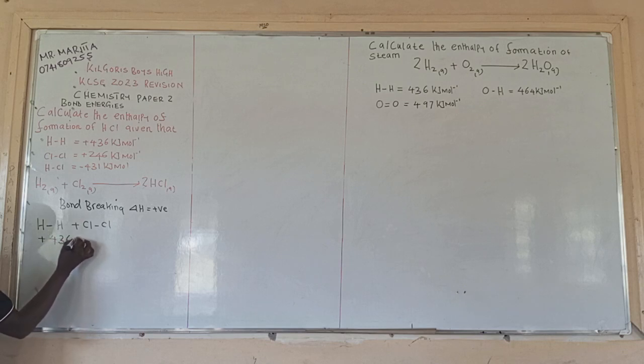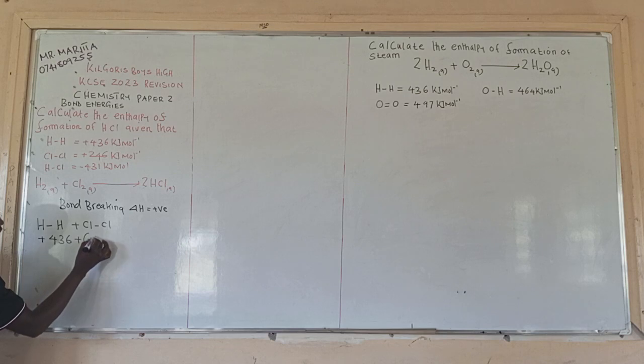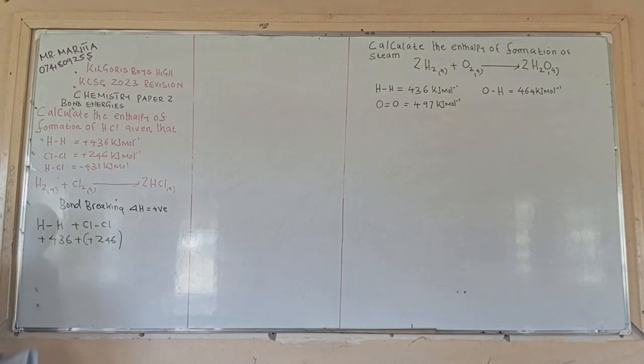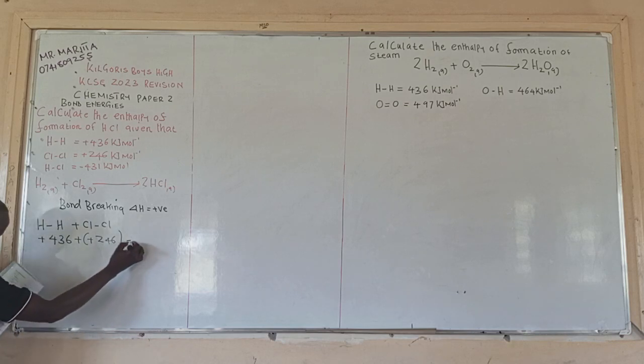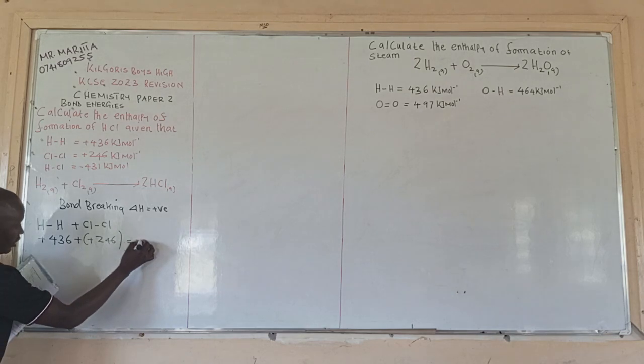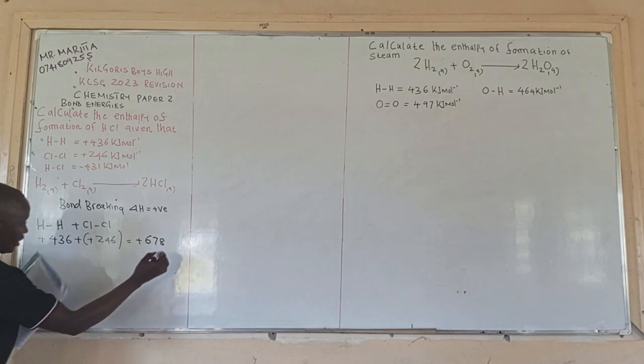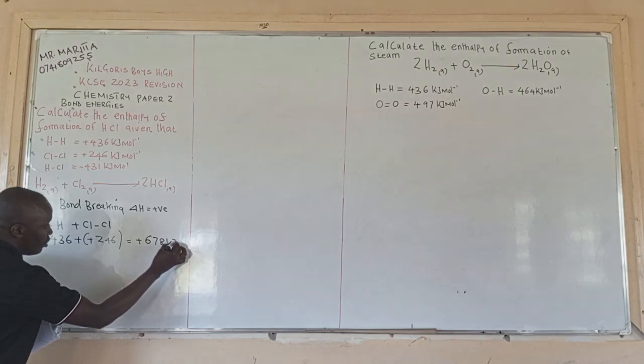So here you just have positive 436 kilojoules plus positive 246 kilojoules per mole, and that will give us the total energy needed for atomization. You add these two, and this will give us positive 678 kilojoules.